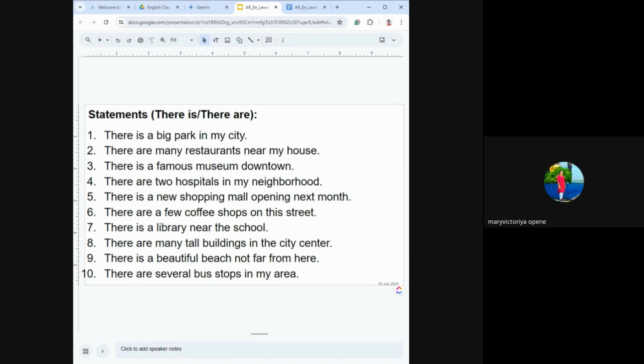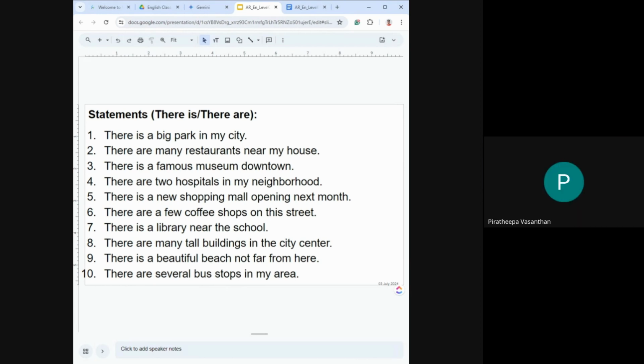There are a few coffee shops on this street. There is a library near the school. There are many tall buildings in the city center. There is a beautiful beach not far from here. There are several bus stops in my area.